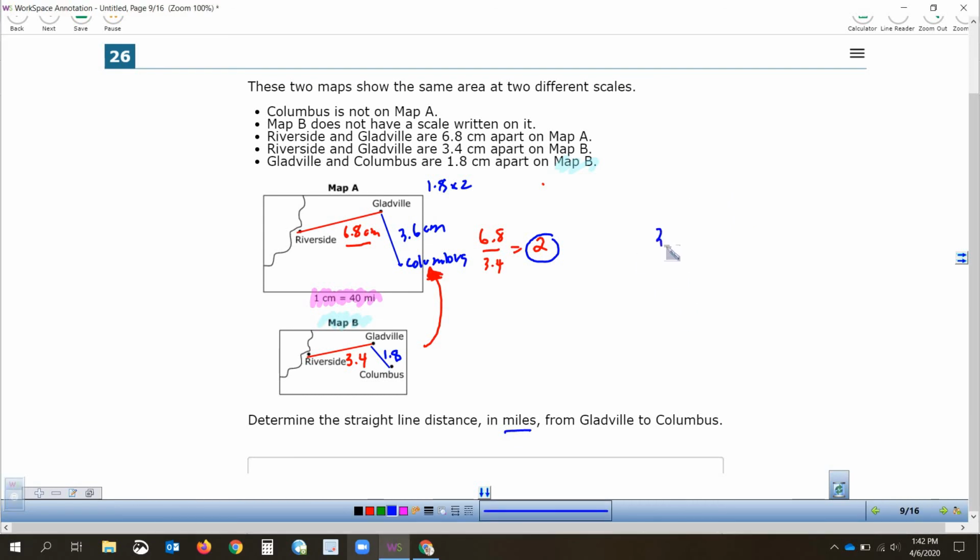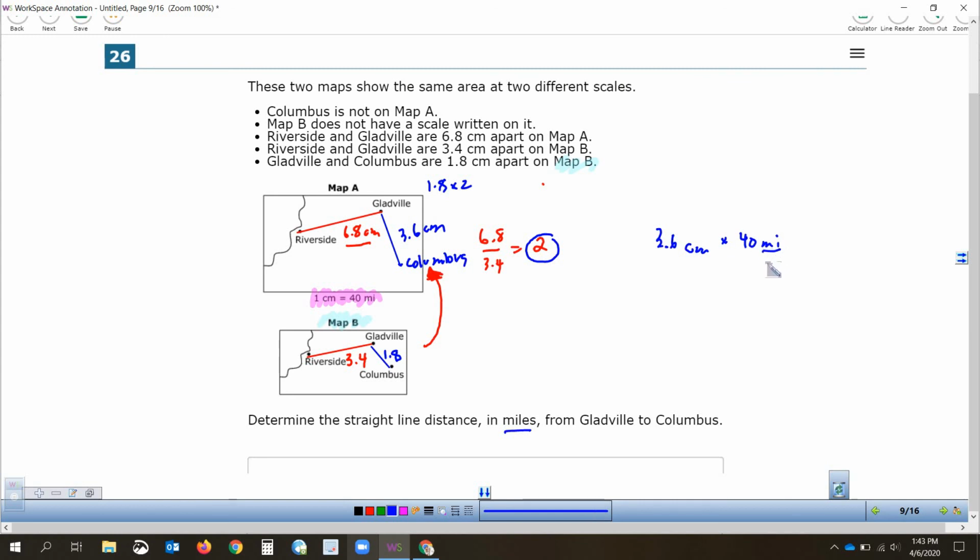So we have 3.6 centimeters on the map. But each of those centimeters is equal to 40 miles. So the centimeters needs to be multiplied by 40, right? So we need to do 3.6 times 40.